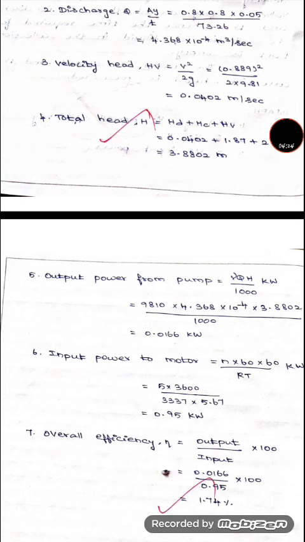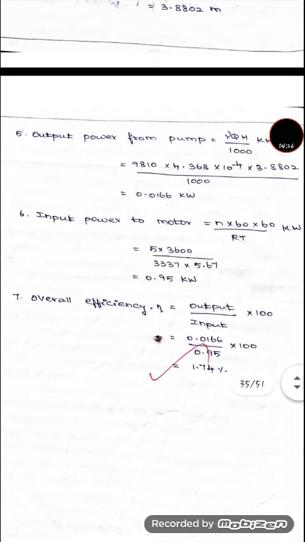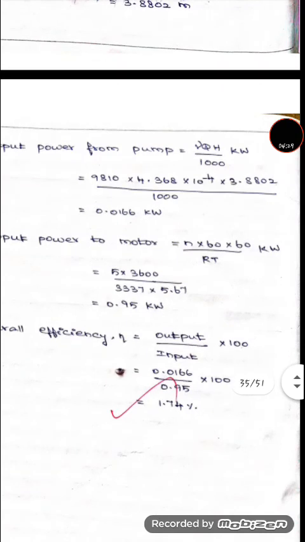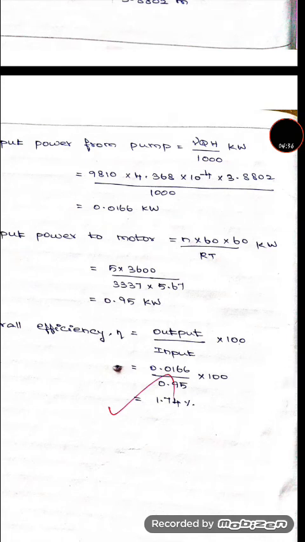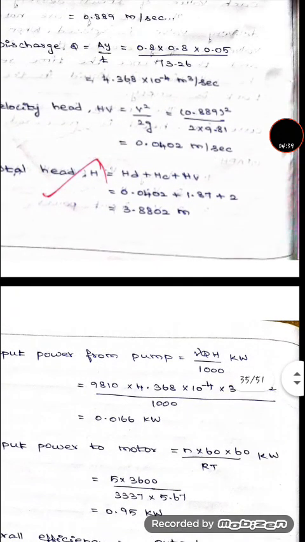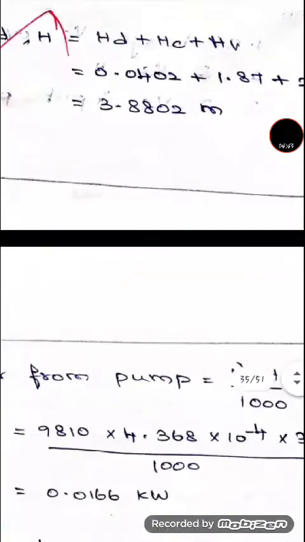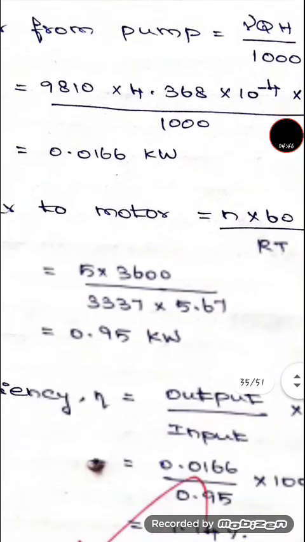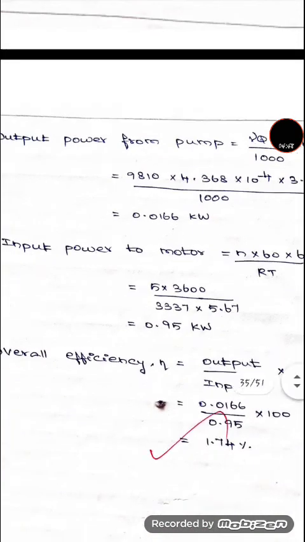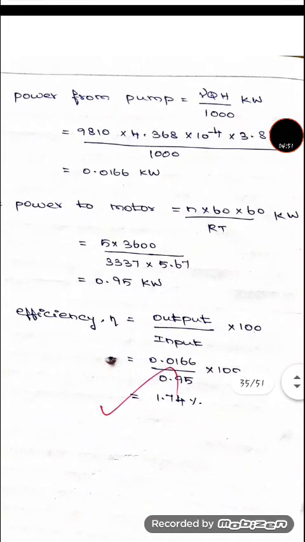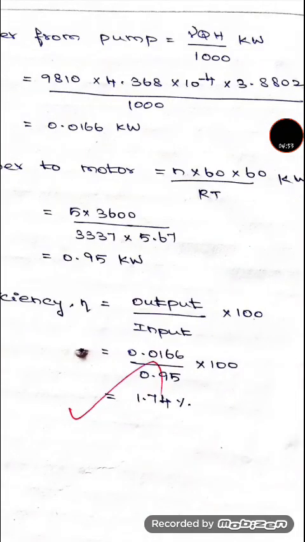After calculating the total head, we will calculate the output power from the formula gamma QH divided by 1000 in terms of kilowatt. After substituting the value of gamma, that is 9810, into the Q value of 4.368 calculated earlier, and the total head value calculated, we get the output power in terms of kilowatts. Then the input power is also calculated from the formula 3600 divided by RT, in terms of kilowatts.